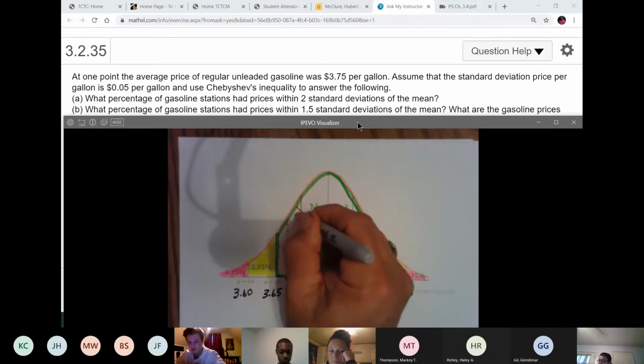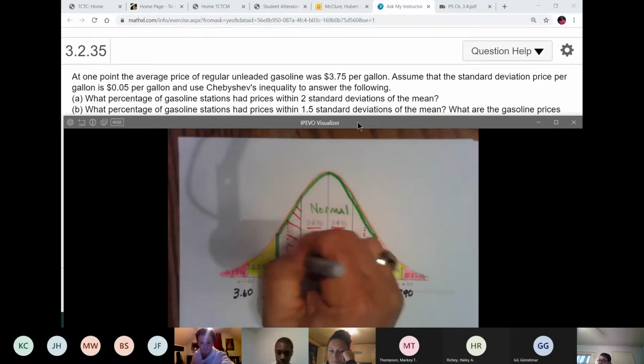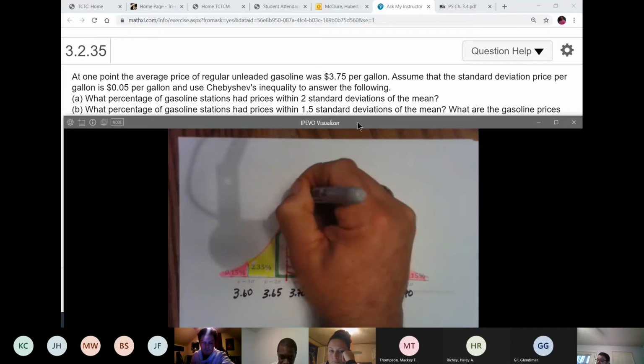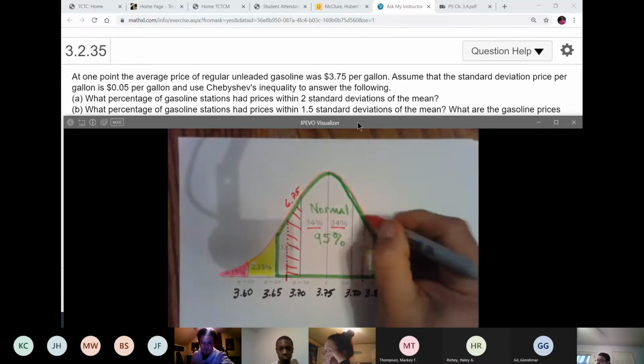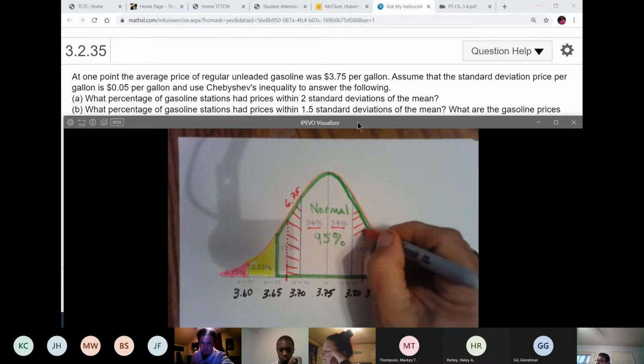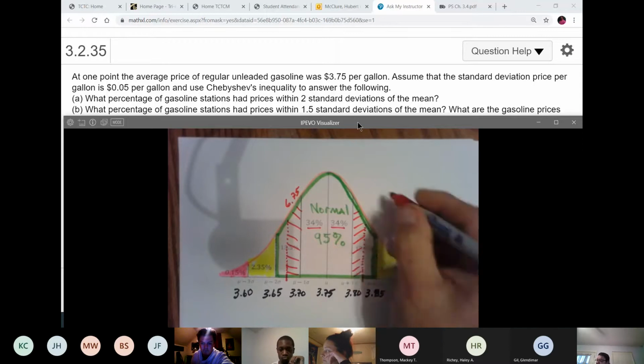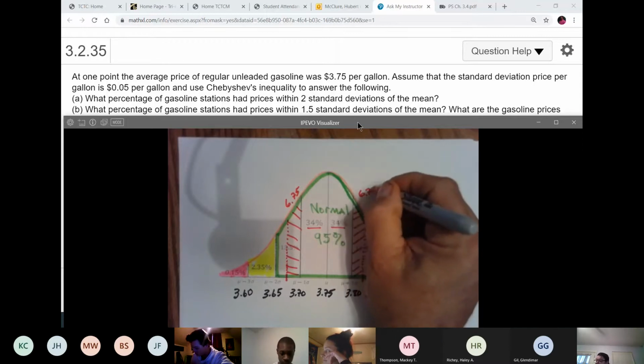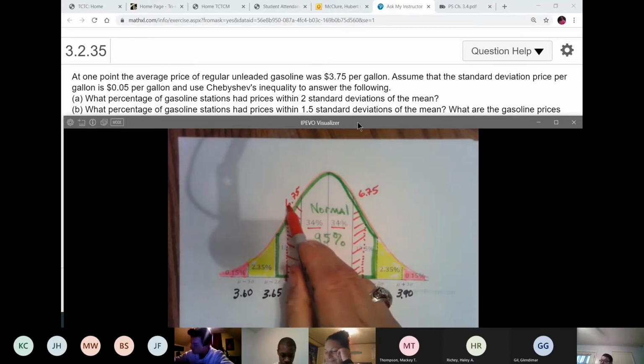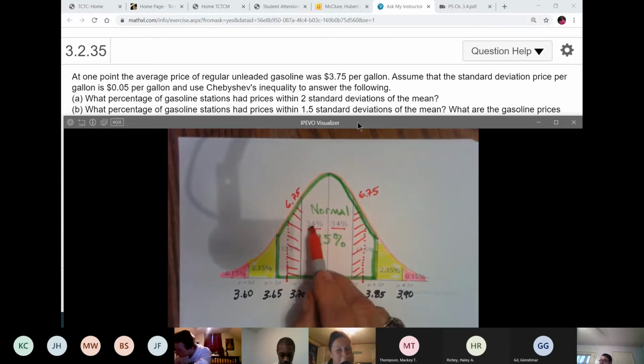So this area right here is 6.75. And this area is 6.75. So somebody take your calculator and add 6.75, 6.75, 34, and 34. What do you get?